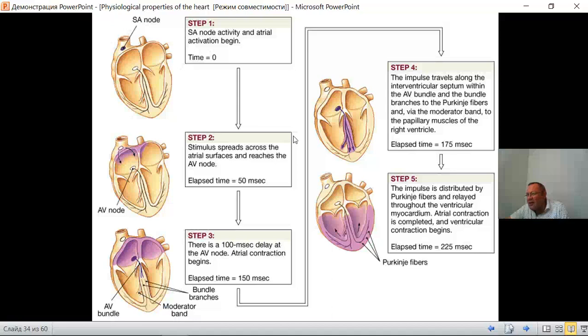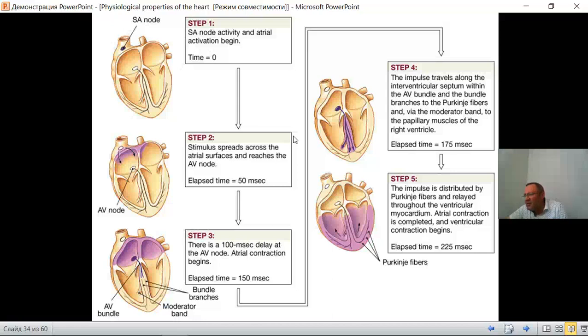Next step, step number 4. The impulse travels along the interventricular septum with the AV bundle and the bundle branches to the Purkinje fibers, and via the moderator band to the papillary muscles of the right ventricle. Elapsed time equals 175 milliseconds. Step number 5.